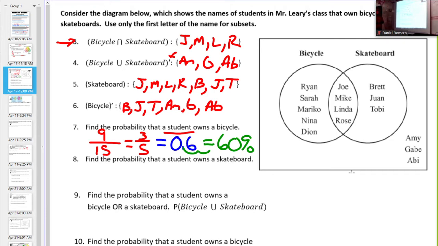Find the probability that a student owns a skateboard. Alright, so it's still probability. Our sample space is still students. How many kids have a skateboard? 7. Now this one can't be reduced, so if you were asked for a fraction, you would leave it.